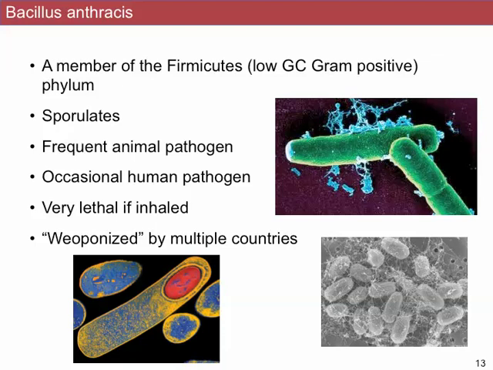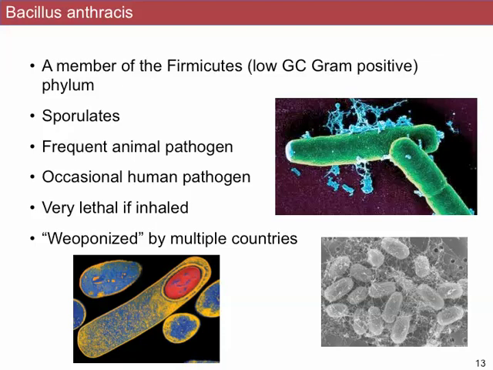And this ended up killing about 5 or 6 people and ended up causing billions of dollars of economic damage because they had to shut down the Postal Service, the Senate building, as well as many other facilities, and change the mechanism by which letters are screened throughout the United States.